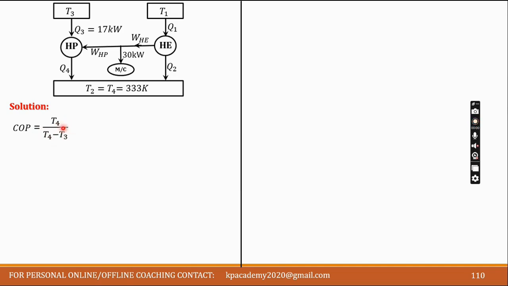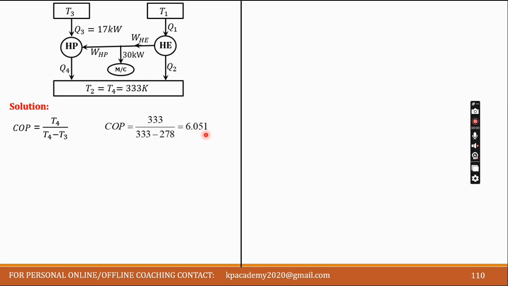If I put the values for these temperatures, we can easily find the COP. T4 here is 333 Kelvin and T3 is 278, that is 5 degrees Celsius. If I put these values, I'll get the COP as 6.051.